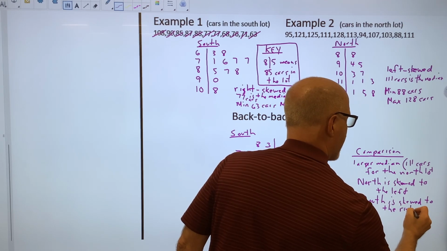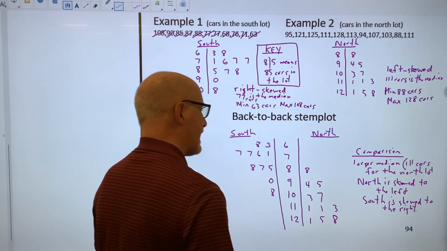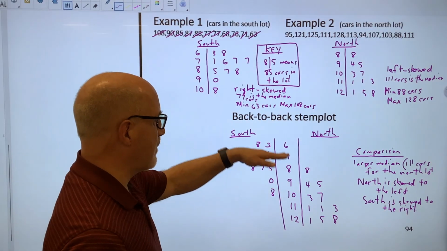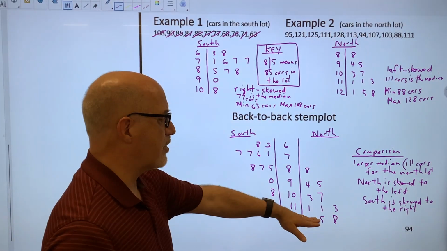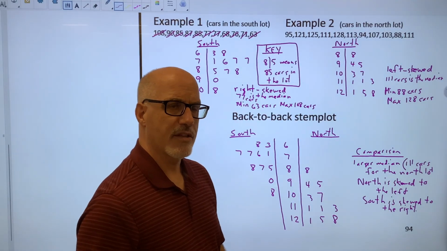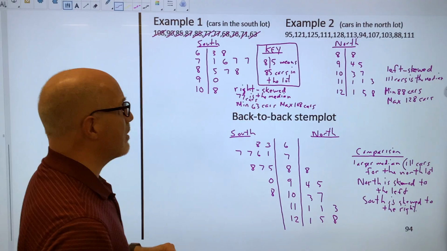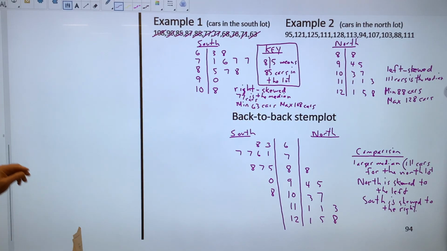You talk about variability, you could talk about the fact that the minimum here is much less than the minimum there, and the maximums also, you have a larger maximum on the north side. Okay, so that would be how we do stem plots, and we discuss them.